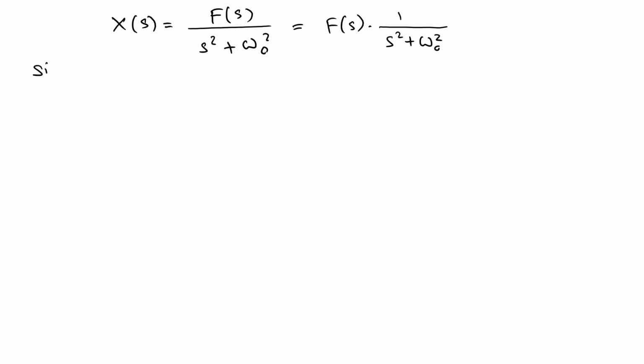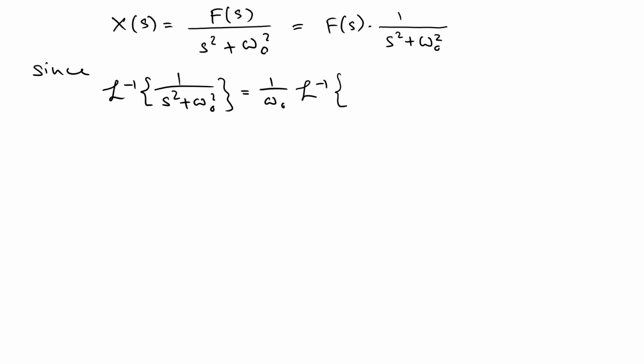Since the inverse Laplace transform of 1 over s squared plus omega naught squared equals 1 over omega naught times the inverse Laplace transform of omega naught over s squared plus omega naught squared, and we know that this is simply a sine, it's simply going to be 1 over omega naught sine omega naught t. So omega naught becomes the frequency now.